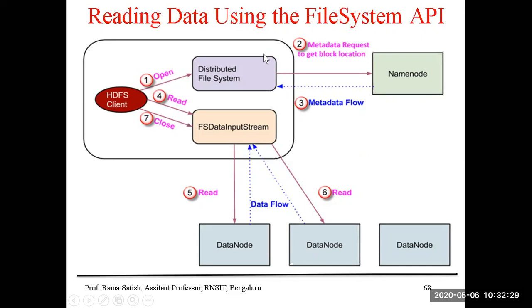HDFS will first consult the name node, and the name node will get the metadata and the block locations, which block is stored in which data node, and give it back to the distributed file system as a response.